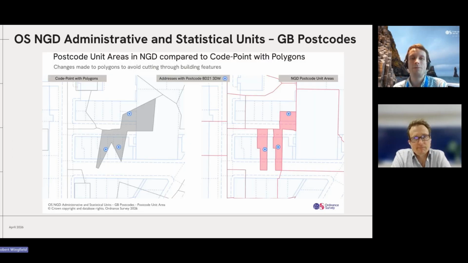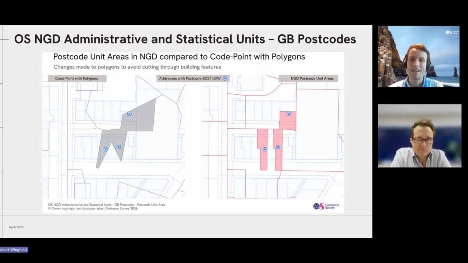But ultimately then a lot of people seem to love postcodes. So I just wanted to call out the postcode data we now have in NGD. This is in the form of postcode unit areas and postcode unit points. And what we've done is really brought that out in terms of understanding against the real world. On the left-hand side, you can see one of our historic products called Code-Point with Polygons, which doesn't really conform to things like buildings.